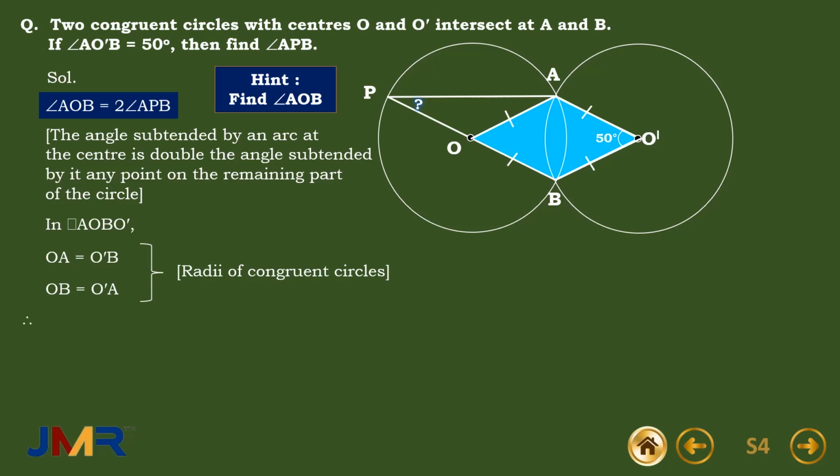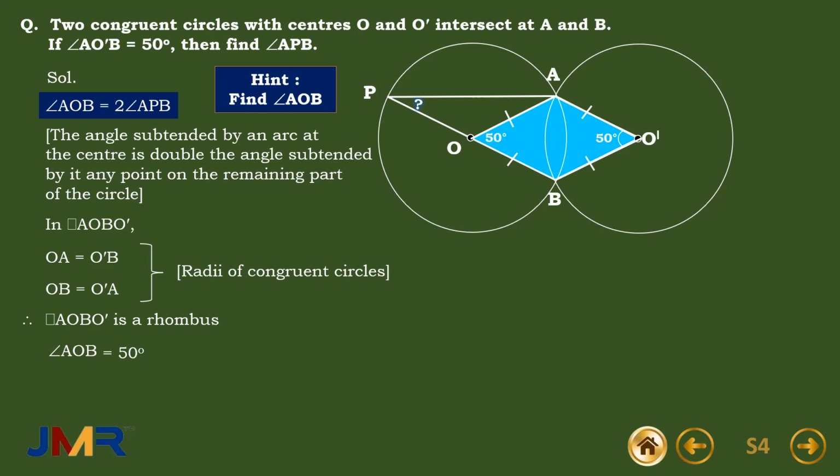Therefore, AOBO dash is a rhombus. If it is a rhombus, opposite angles are equal. Therefore, angle AOB is 50 degrees.